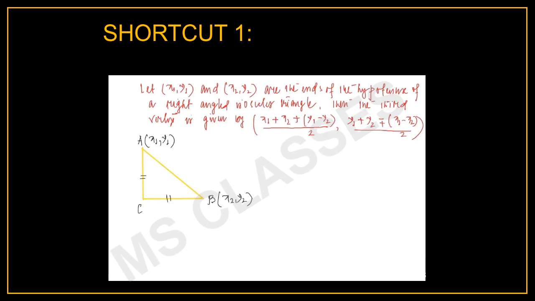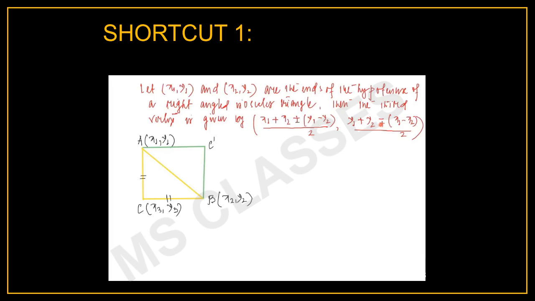Then the point C, which we take as (x3, y3), is given by x3 given by this value and y3 given by this value. It is plus minus. Now a question arises: why are there two possibilities? Because, children, C can be on this side of the line as well as on the other side of the line, and that is the reason we have two coordinates here. So one is this point, one is this point. Both are possible, so that is the reason we get two values.